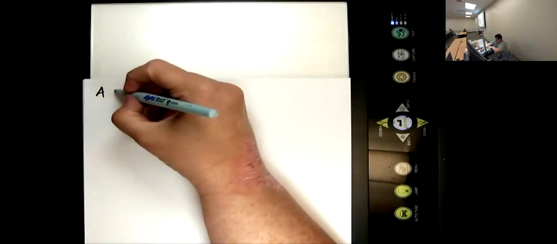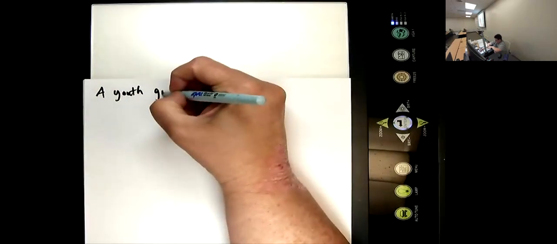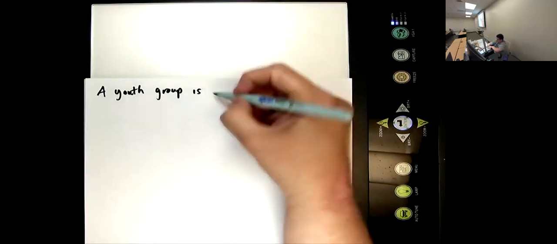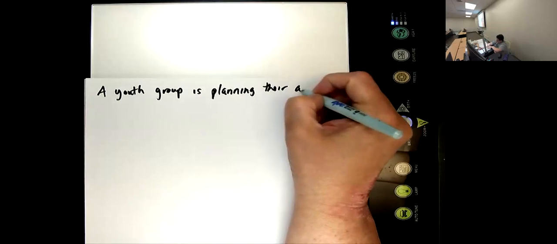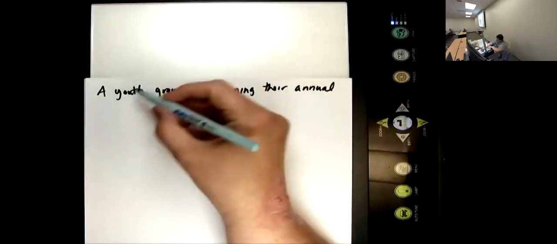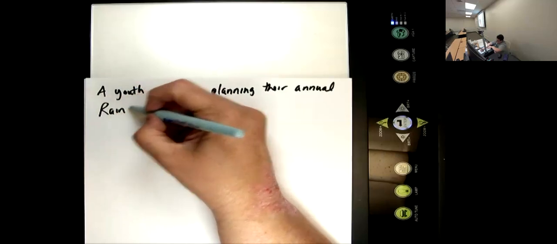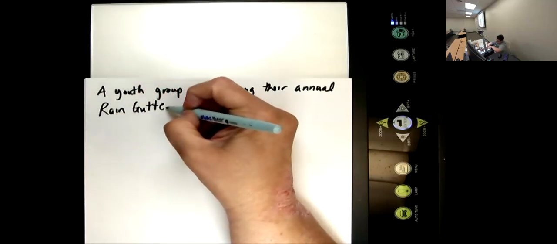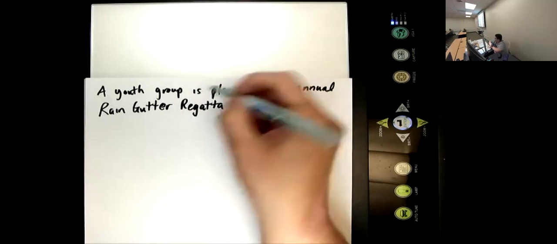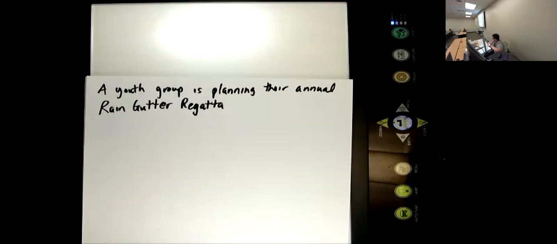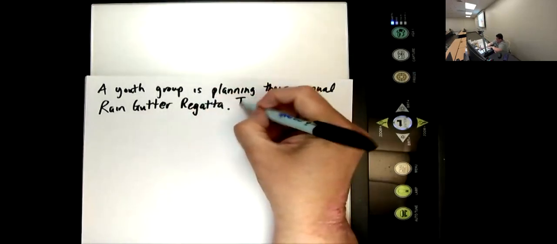A youth group is planning their annual rain gutter regatta. It's got a nice flow to the name. I don't know if that's a real event. That's something students do in Tulare or something.